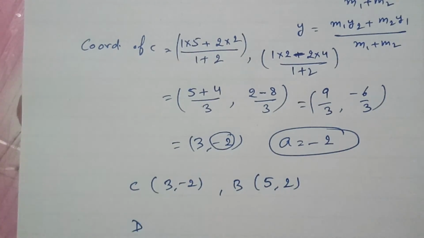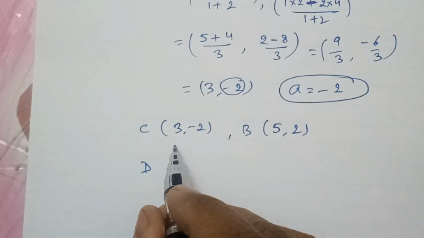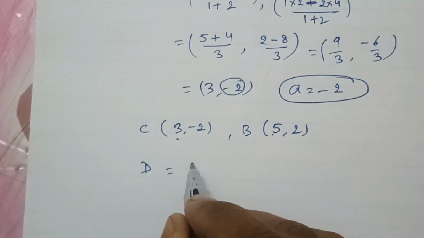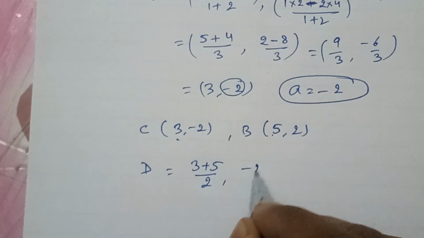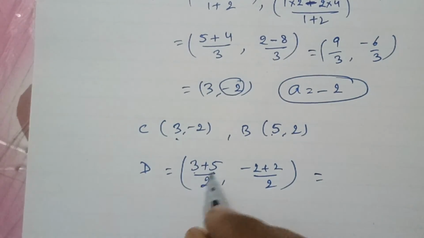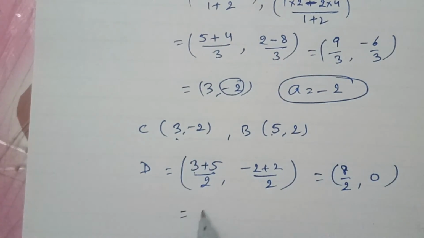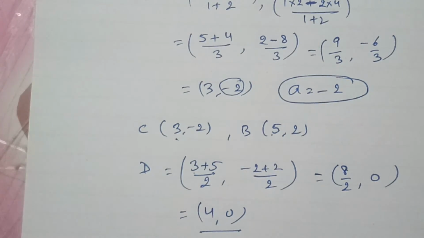Because D is the midpoint, we can find the coordinates of D: (x1 plus x2) by 2, 3 plus 5 by 2, and (y1 plus y2) by 2. So it becomes 8 by 2, and 0. So 4, 0 are the coordinates of D.